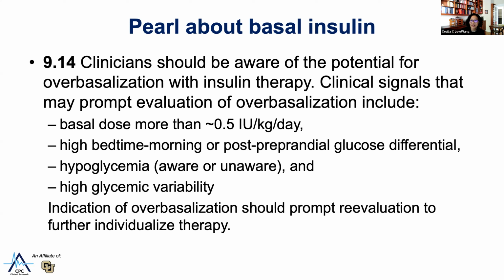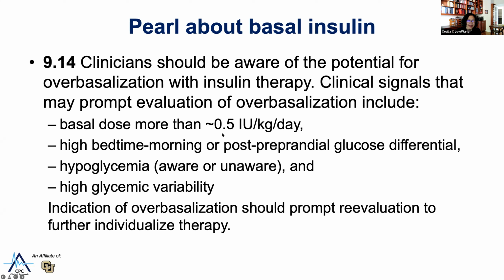And so just some of the clinical signals where we need to look for these red flags are a basal dose that's pretty high, so more than 0.5 units per kilogram per day. A big difference between their bedtime glucose and their morning glucose is really important to look for.